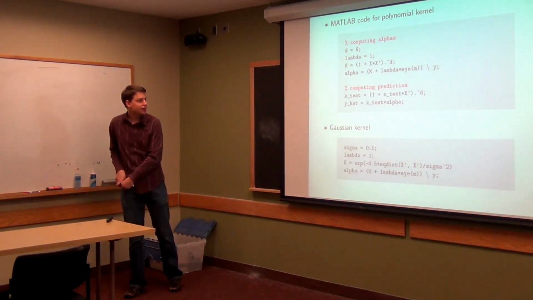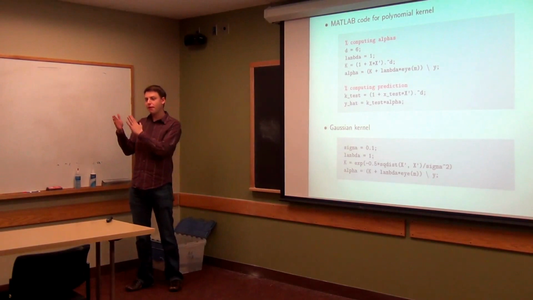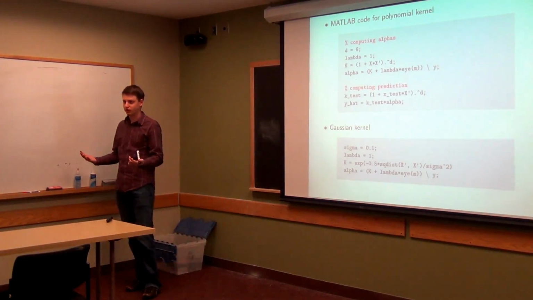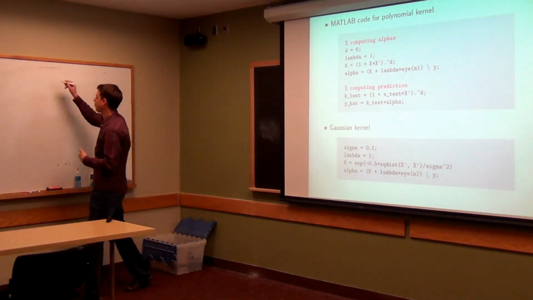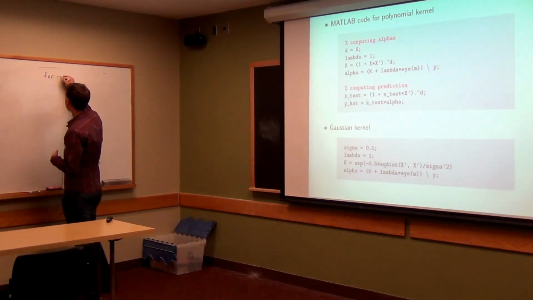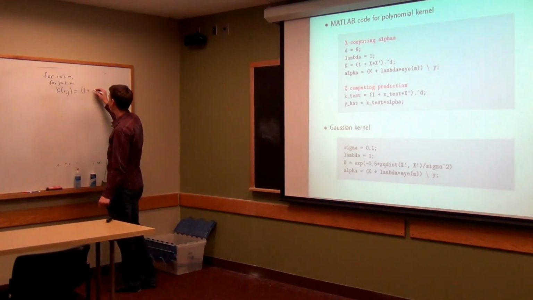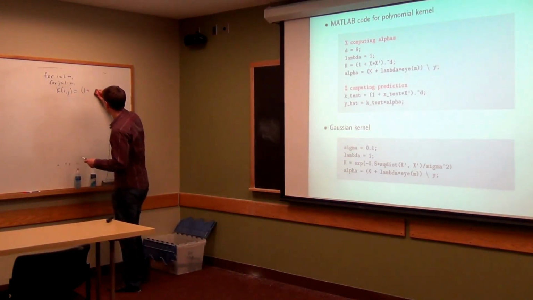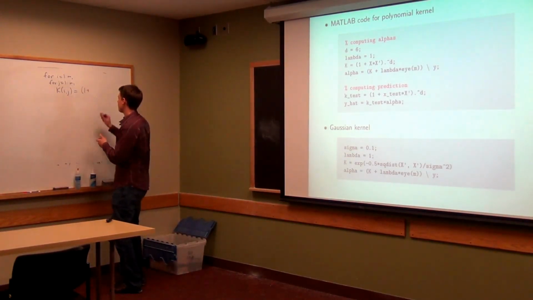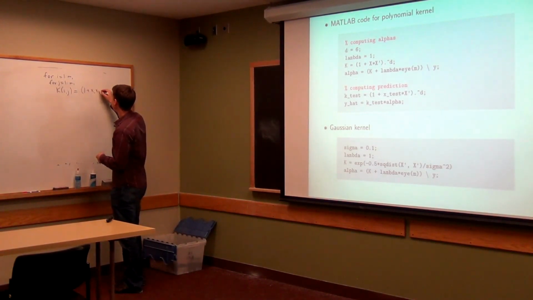And you could just go ahead and construct that kernel matrix element by element. Say, for i equals 1 to m, for j equals 1 to m, K_ij equals (1 + xi xj transpose) to the d.